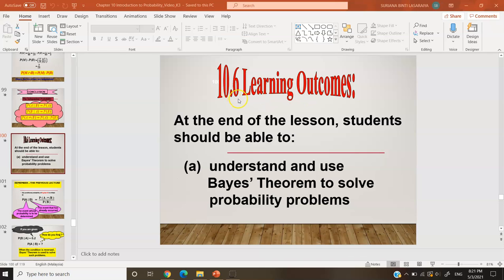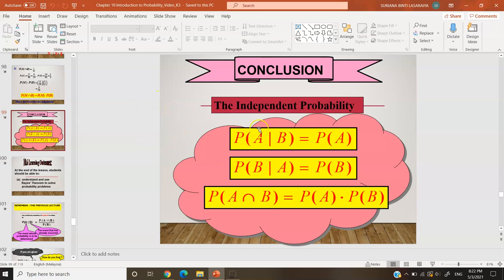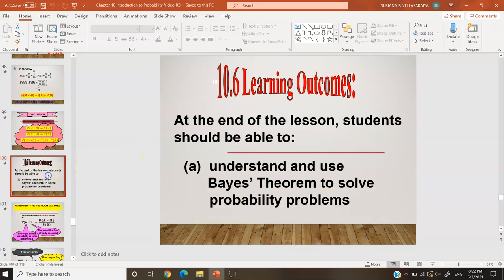This is the last subtopic for introduction to probability. It is all about Bayes theorem. Bayes theorem is related to the previous subtopic, conditional probability P(A given B). Bayes theorem will be used when your conditional probability is the reverse way.